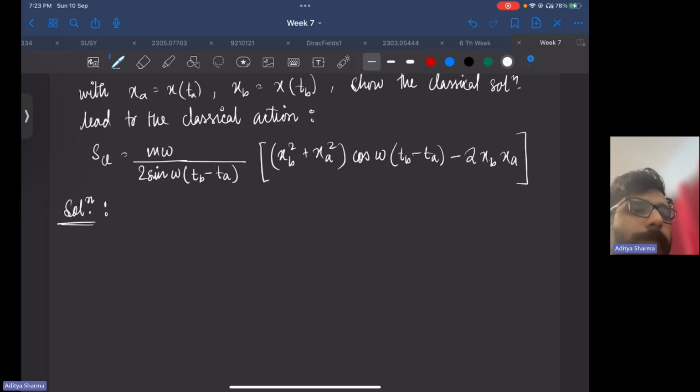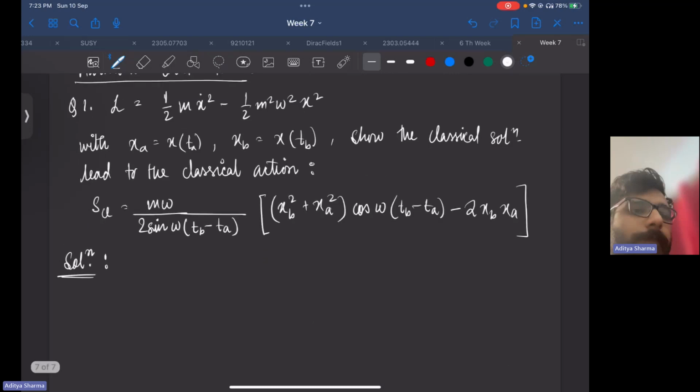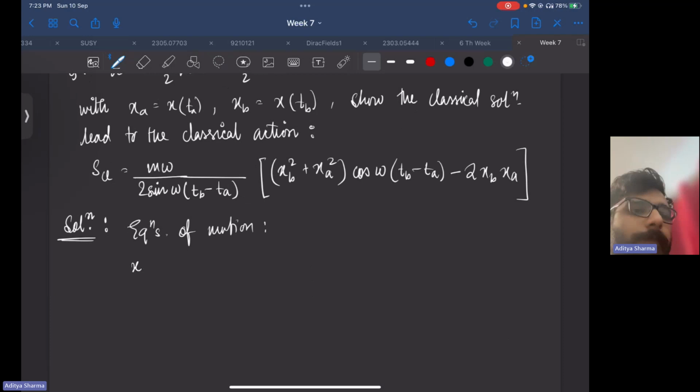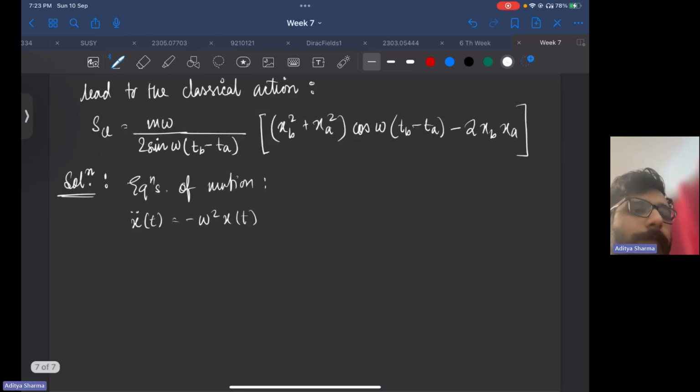So we have the Lagrangian of this. The classical equation of motion happens to be x double dot of t equal to minus omega square x of t, with the boundary conditions as written.